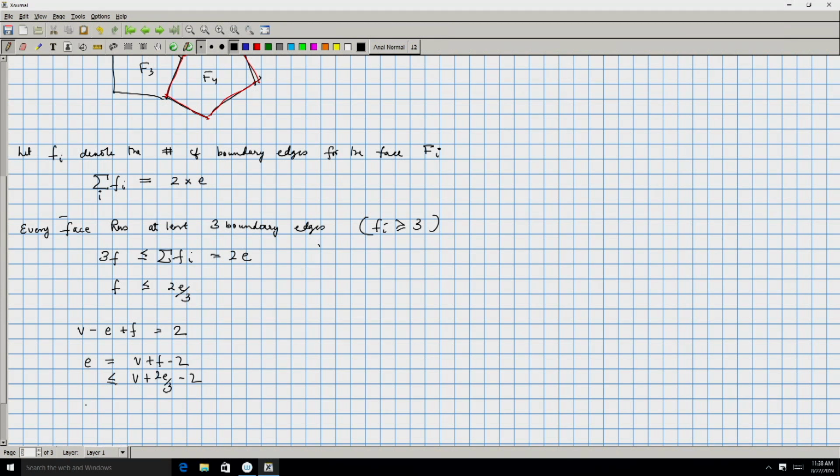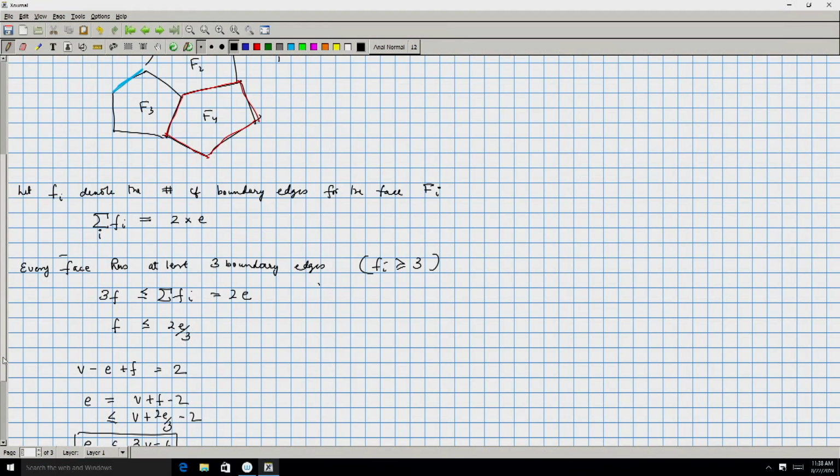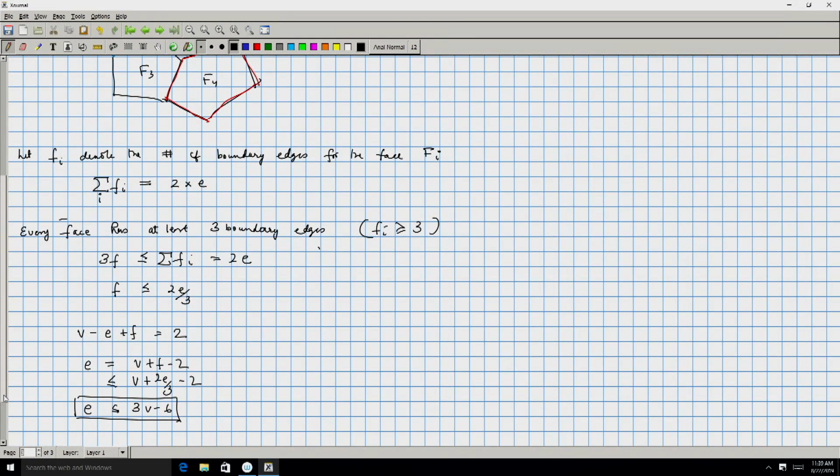Therefore, E is less than or equal to 3V minus 6. So, this is a corollary that we can use, and if we assume that the graph does not have any cycles of length less than 4, then we can conclude that every face has at least 4 boundary edges.